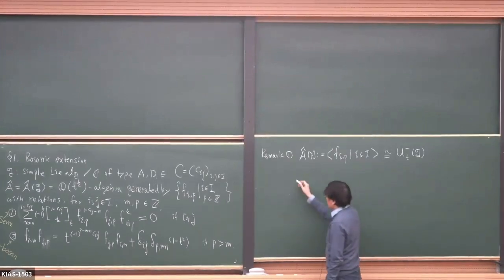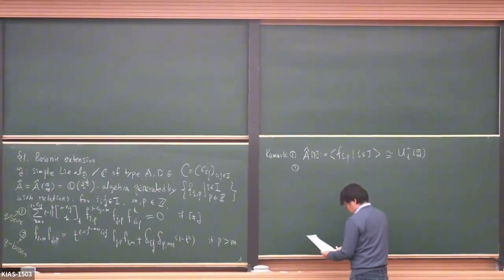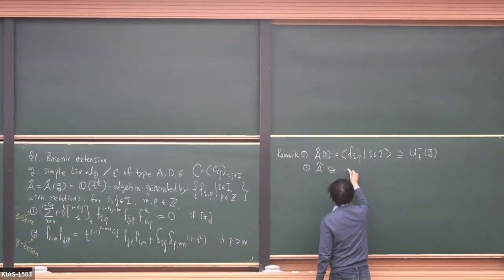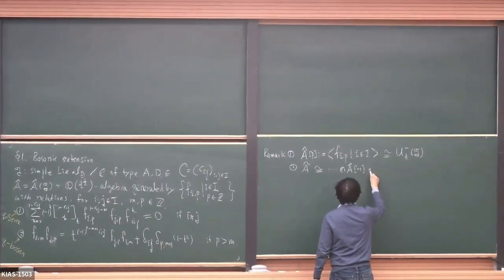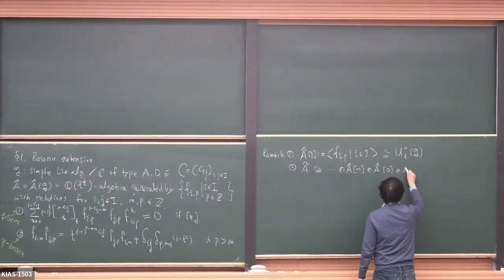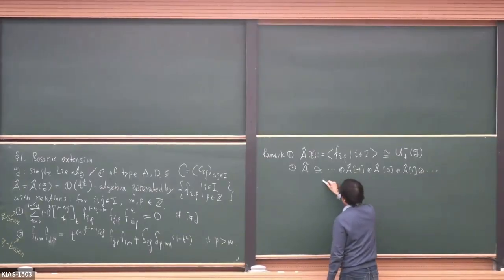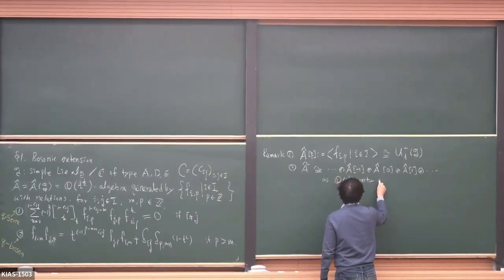And the second, we can prove that this whole algebra is isomorphic to the infinite tensor product of copies of half of quantum groups as a vector space.